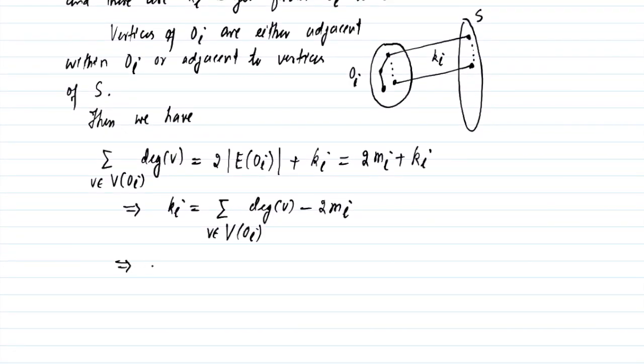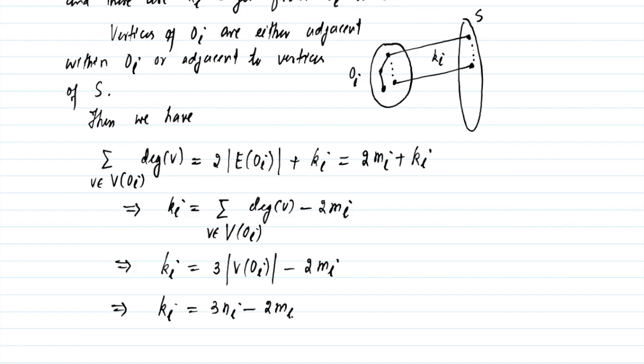So now this further implies Ki is equal to, since our graph is a cubic graph, every vertex has degree 3, so every vertex in Oi will also have degree 3 in G. So this is equal to 3 times the number of vertices in the vertex set of Oi minus twice Mi. So this implies Ki is equal to 3 times Ni minus 2 times Mi.